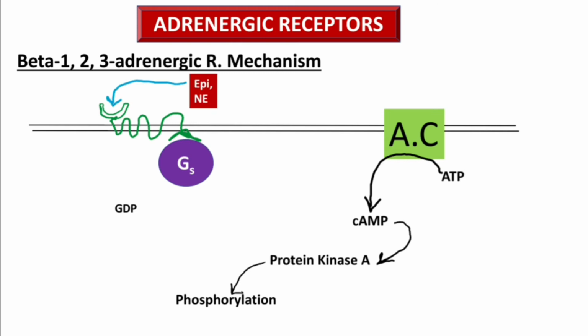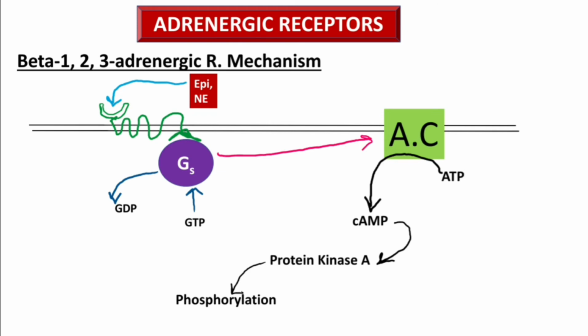So if you stimulate this receptor, it will drop off the GDP and take up GTP. GTP is a source of energy. This will activate the G-stimulatory protein, right? When it is active, it activates the adenylyl cyclase, right?